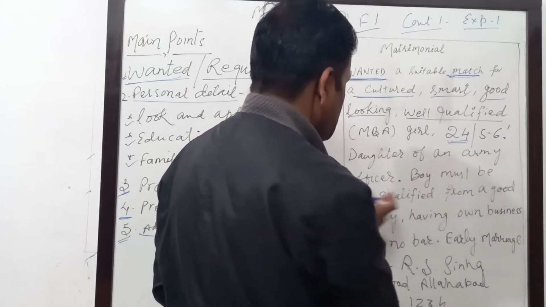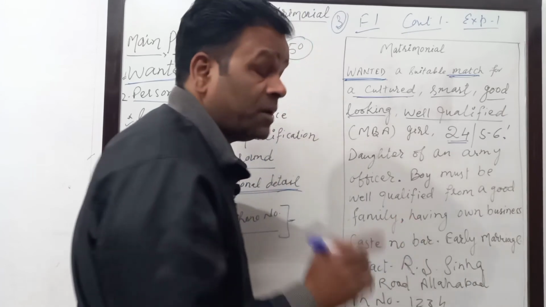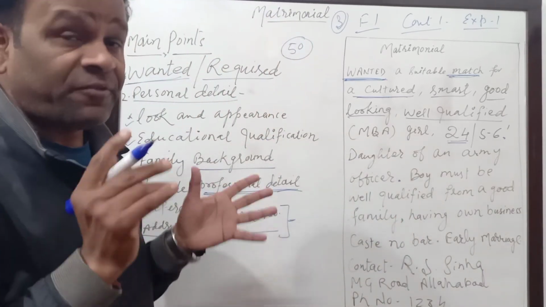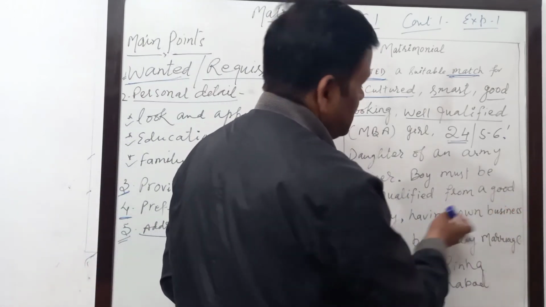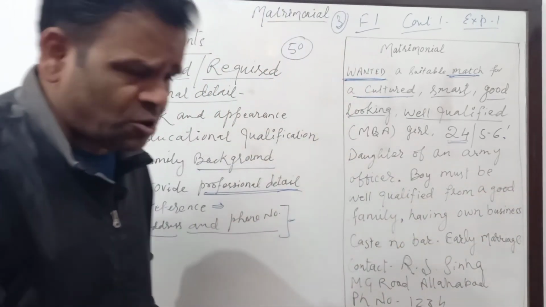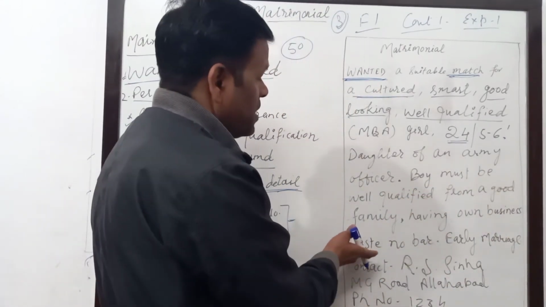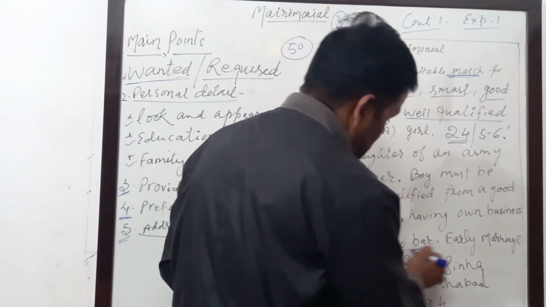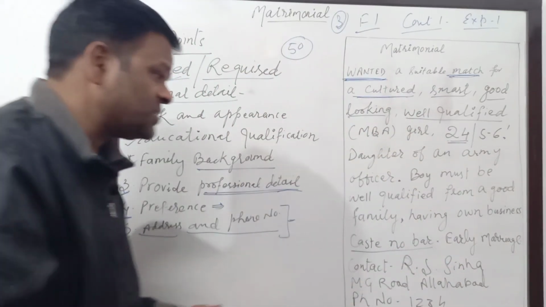Again you put a comma here. Remember, you have to write phrases and after that you can put a comma. Having own business, here you can change the line, or job or any other profession you can mention there, no problem. Caste no bar, it is mentioned here. If you want, you can mention that of own caste.